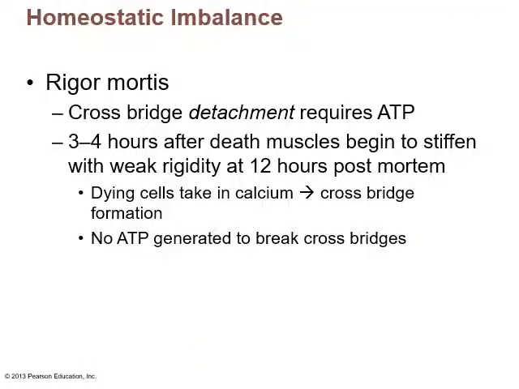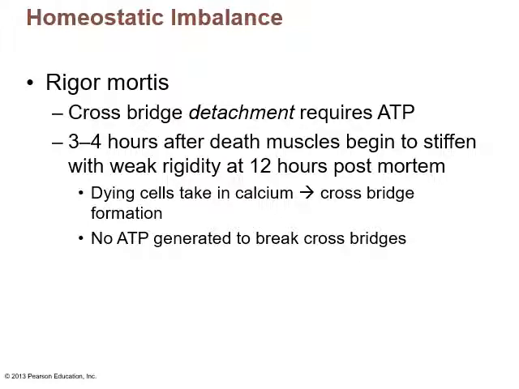So rigor mortis, what happens with rigor mortis? Cross-bridge detachment requires ATP. So if there is no ATP, over time, the cells start to lose their ability to produce it as oxygen levels go down. Within 3 to 4 hours after death, muscles begin to stiffen, with rigidity at 12 hours post-mortem.